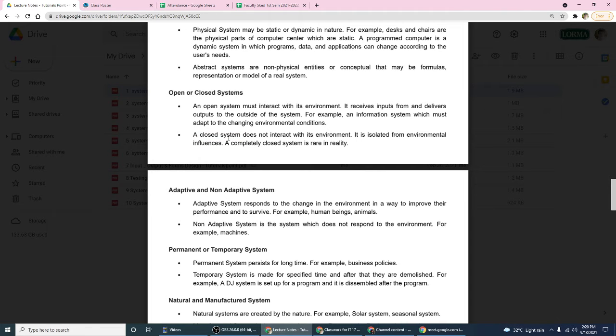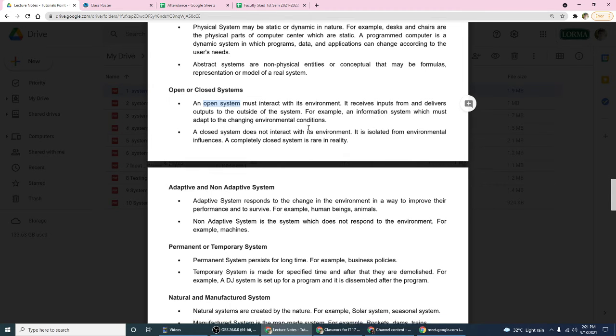The system should be flexible, so you will be creating a flexible, open system, meaning it will depend on the environment. If we have a new technology, your system can adapt to the new environment. That is the open system.